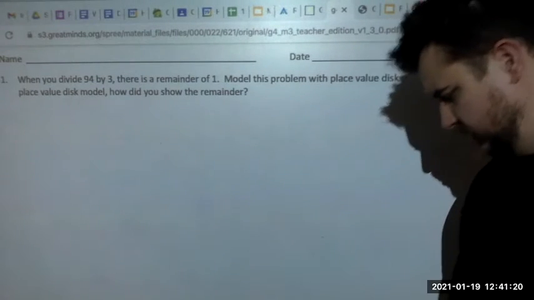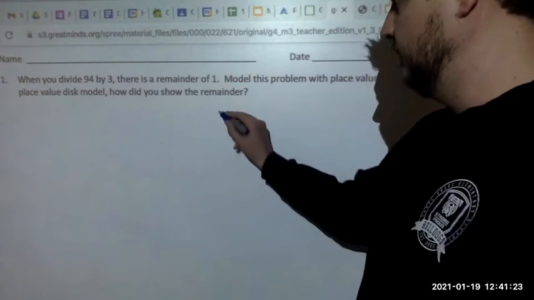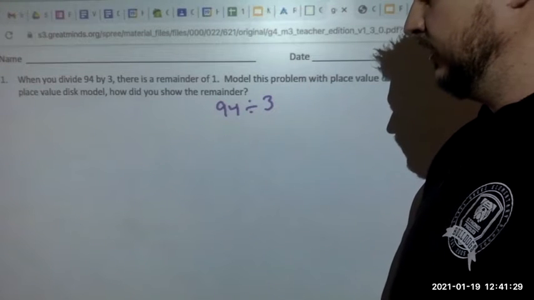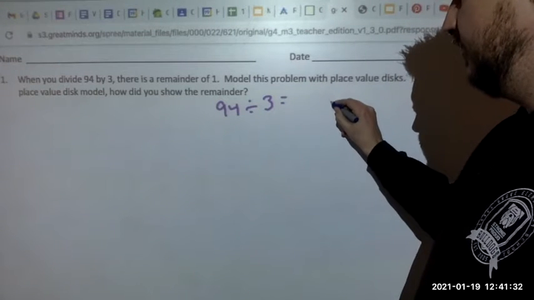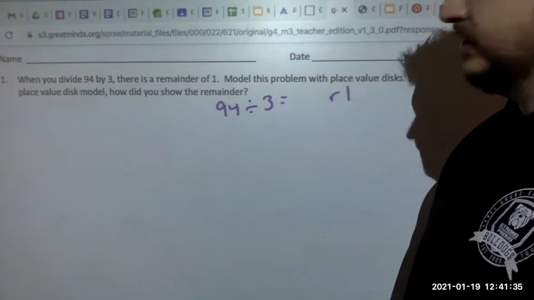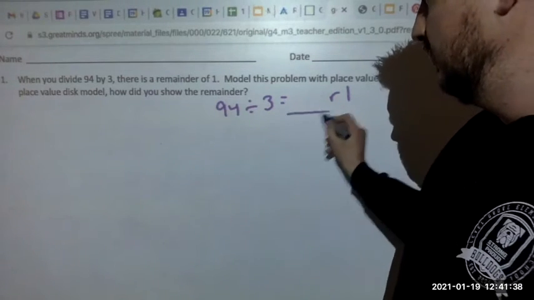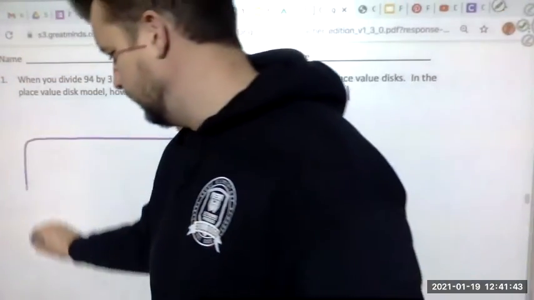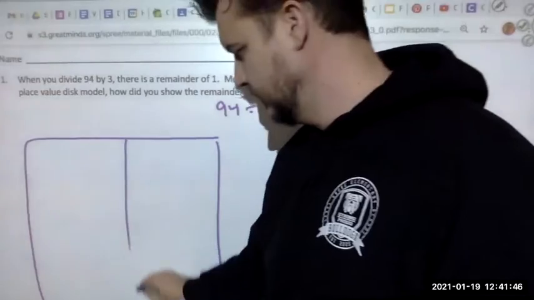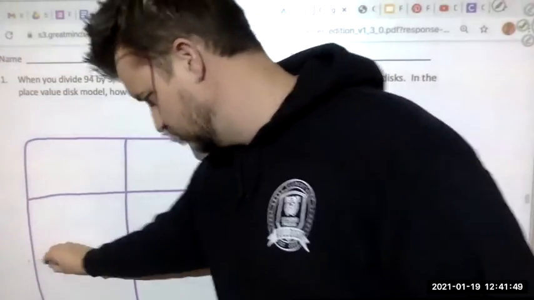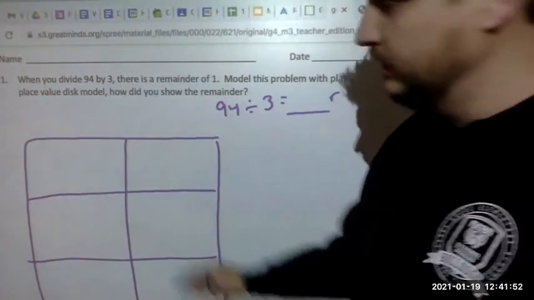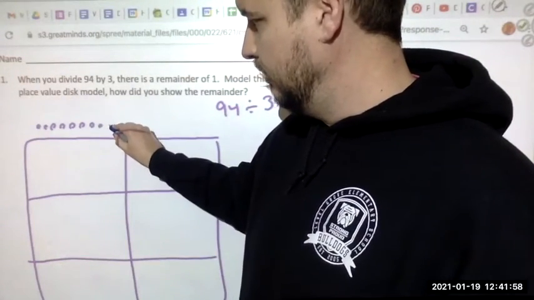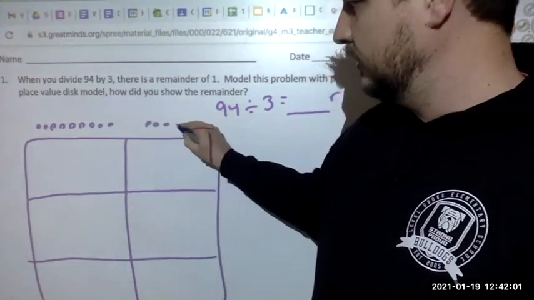Okay, so this goes back to what we did before. So we're going to set up our problem. 94 divided by 3. Okay, they said the remainder is 1. They already gave us that. They didn't give us the quotient though. They didn't want to make it too easy on you. So we're gonna draw a place value chart. We're gonna cut it into thirds. We're gonna fair share. We got 1, 2, 3, 4, 5, 6, 7, 8, 9. 1, 2, 3, 4.